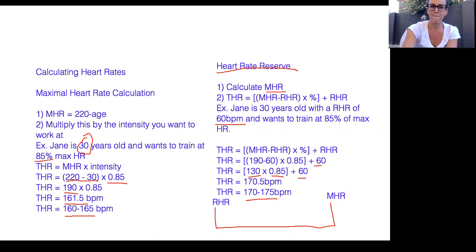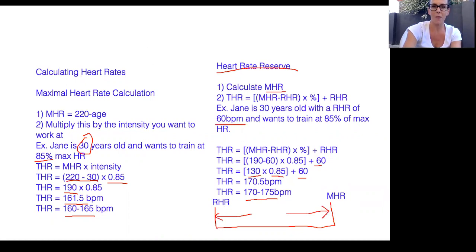Theoretically, this is as low as your heart can go. That's as slow as it can go. And this end up here is as high as it can go. So in between here and here, this is the amount of beats your heart is able to do.